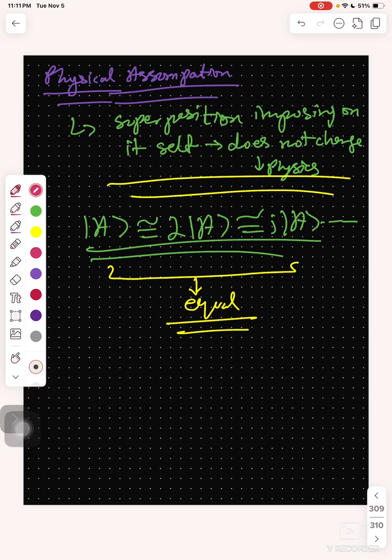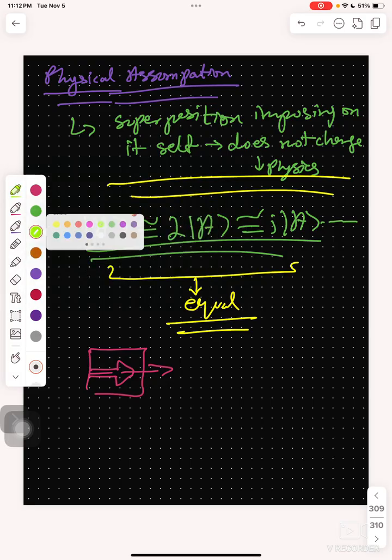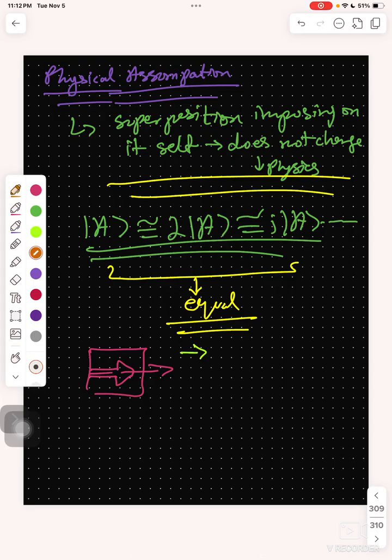Let's suppose we have a photon which has gone through a polarizer.